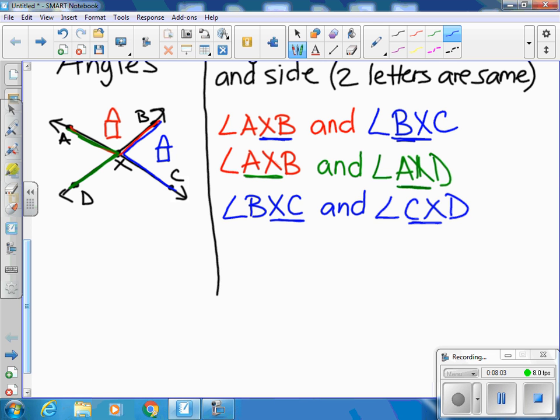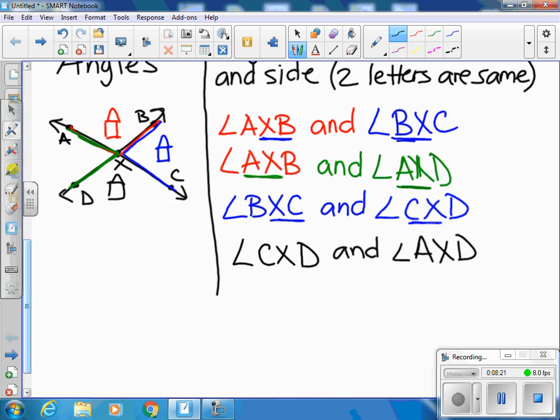So that's a pair of adjacent angles. Move your house again. We're going to put your house right here. If your house is at angle CXD, then the next door neighbor you haven't named yet is over here, AXD. And if you notice, XD is the two letters it has in common.